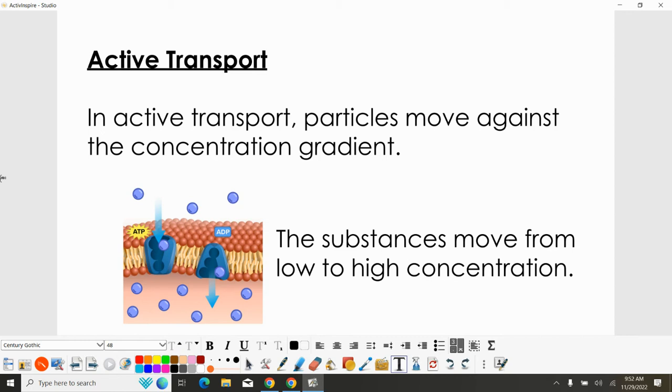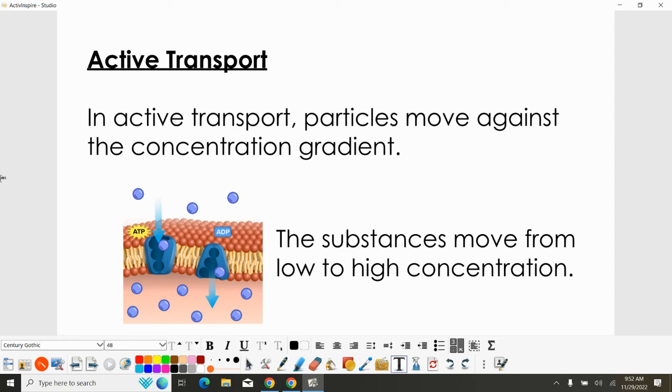In passive transport, we talked about everything moving from high concentration to low concentration. So, simple diffusion was a dissolved substance moving from a high concentration or a concentrated solution to a low concentration or dilute solution. In passive transport, everything flows from high to low, downhill.